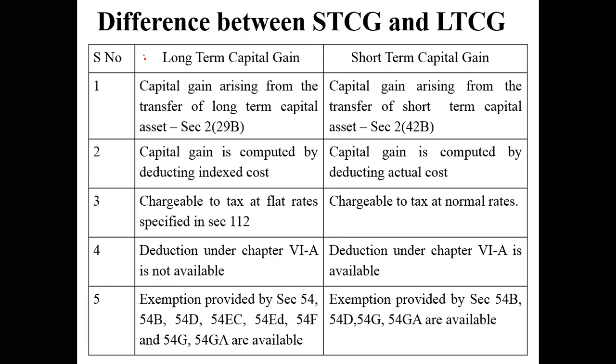And before you arrive at net income, there are deductions. Deductions can be under section 80, ranging from 80C to 80U. Whatever deductions are applicable are taken care of, and then we arrive at net income. This is what we have already studied.